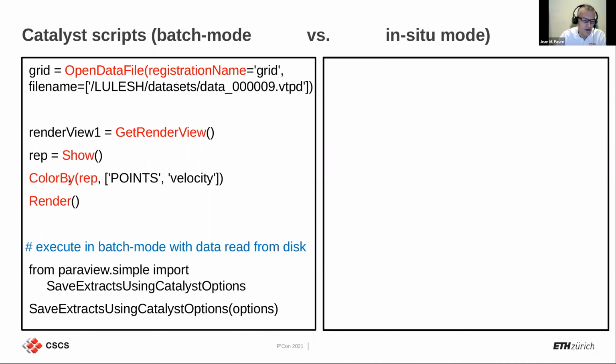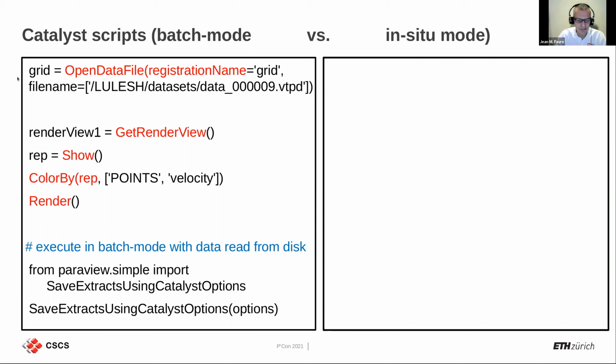And we color this representation by a field. For example, here, I take the velocity field and I want to color each point of that mesh with the velocity field. And the last command to execute is the render command. So here is the elementary Python code I need to visualize the velocity field from my grid of points.